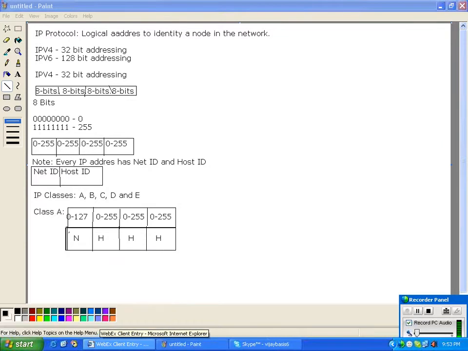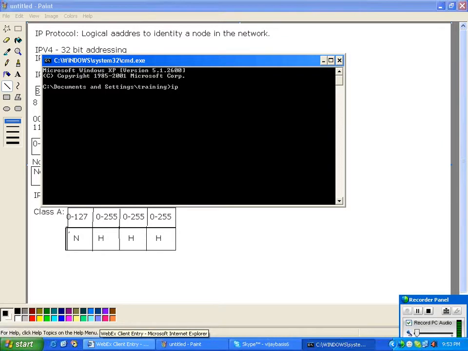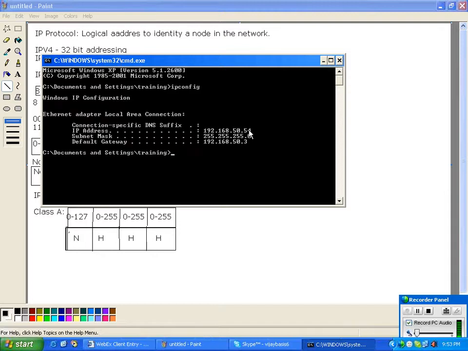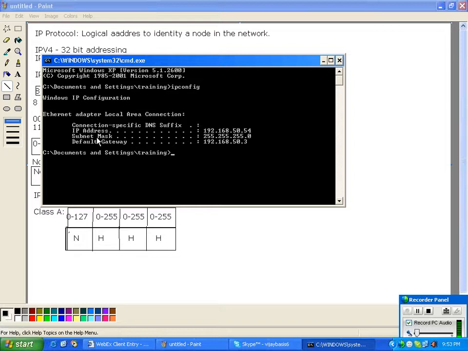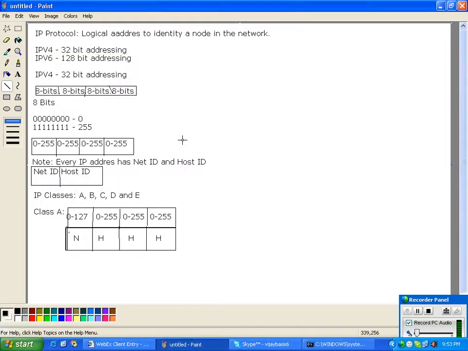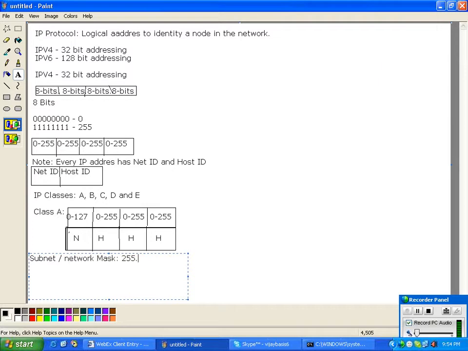Every IP will have a mask, and this mask is used to identify the network portion and the host portion. For class A, by default, we call it the subnet or network mask. Both are the same.